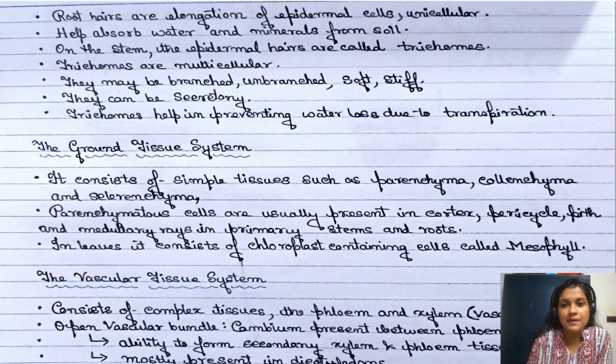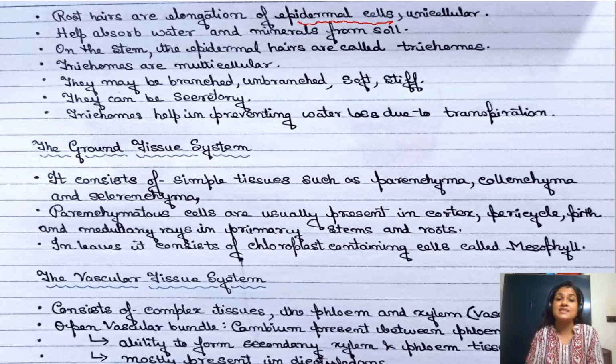Now let us come to the further characteristics of the epidermal tissue system. Root hairs are elongations of epidermal cells. Like we saw, stomata is a structure present in the leaf epidermal cells; root hairs are elongations of root epidermal cells.